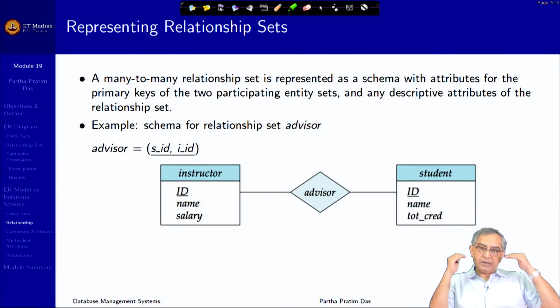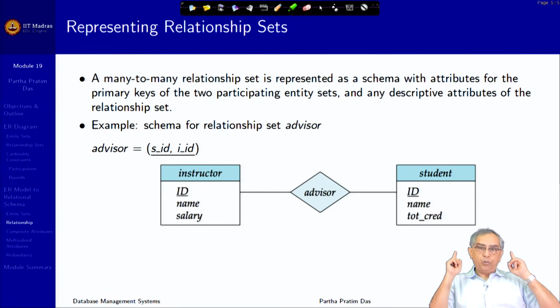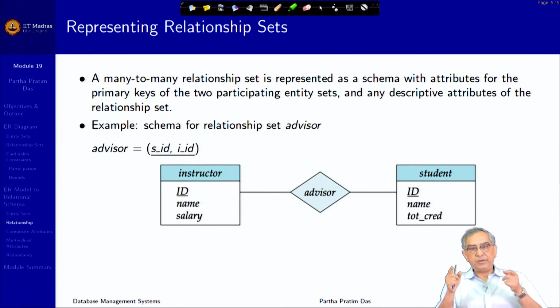In case of a strong entity set, it is just a list of attributes. In case of a weak entity set, it is a list of attributes of the weak entity set plus the primary key of the strong entity set through the identifying relation. And in case of a relationship, it is the set of primary keys put together of the two entity sets that it is associating.